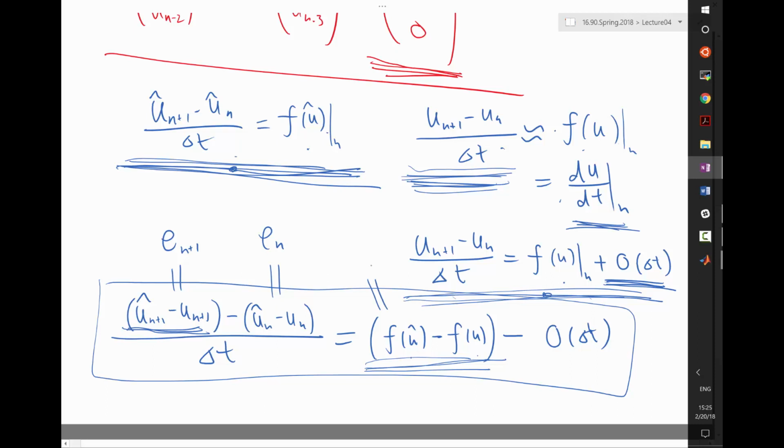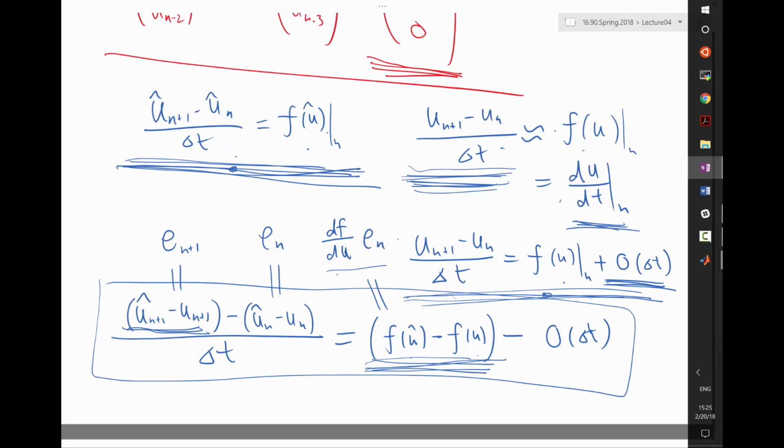So this becomes the df/du times e^n, right? So basically the difference between them, again using Taylor series analysis and only retaining the first term, becomes the df/du times the difference between û and u, which is e^n.